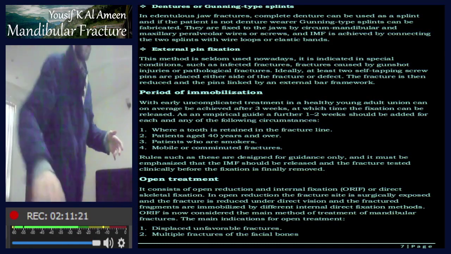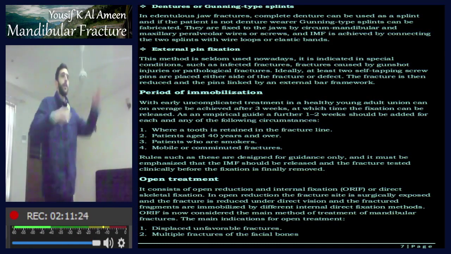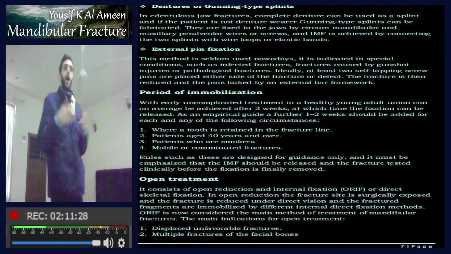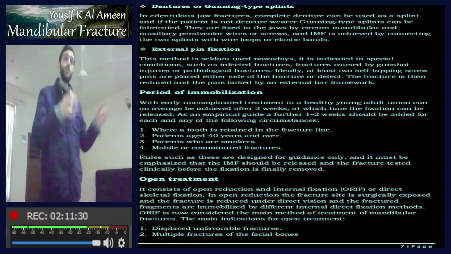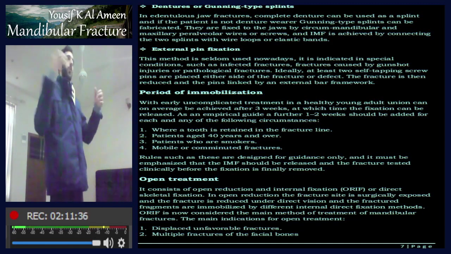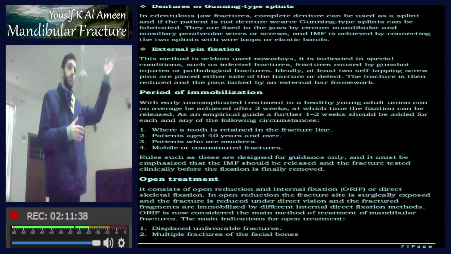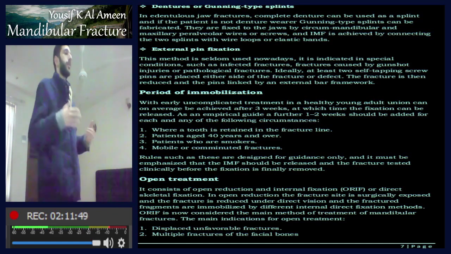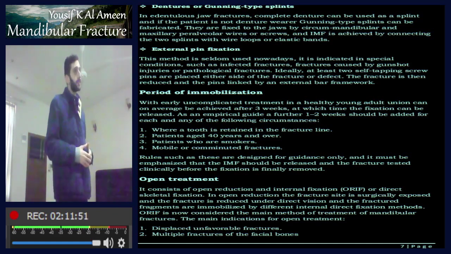This one is important in edentulous jaw fractures. A complete denture can be used, as we can see, as a splint. And if the patient is not a denture wearer, a gunning type splint can be fabricated.